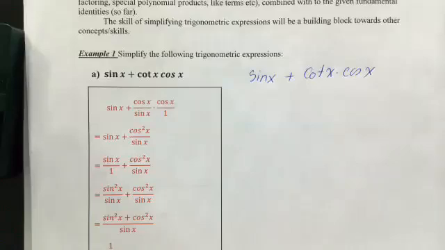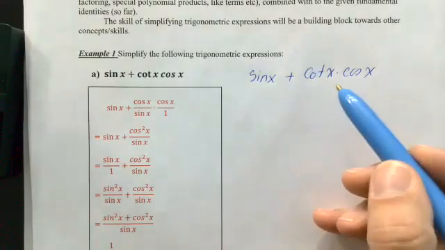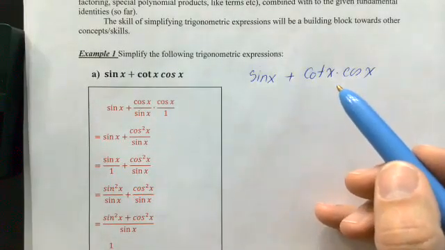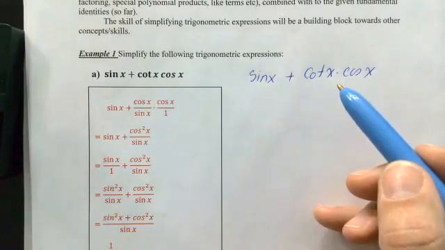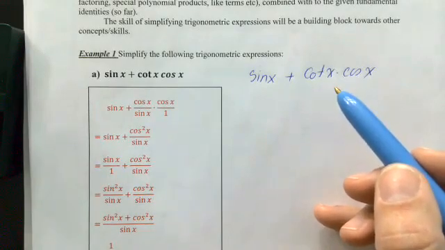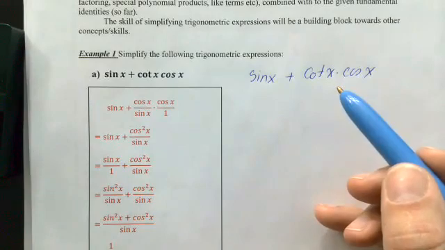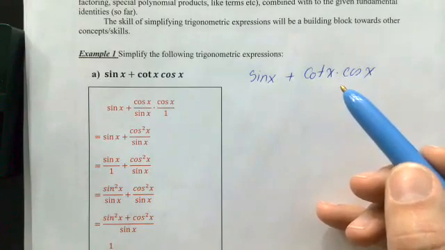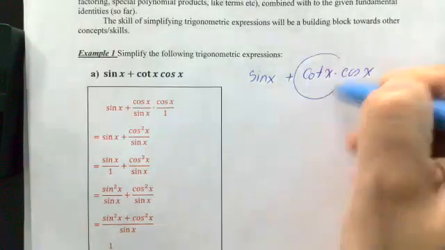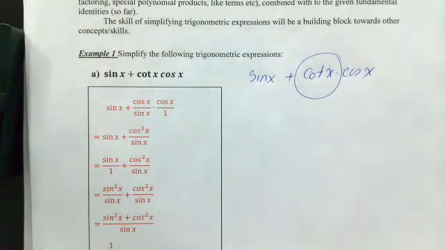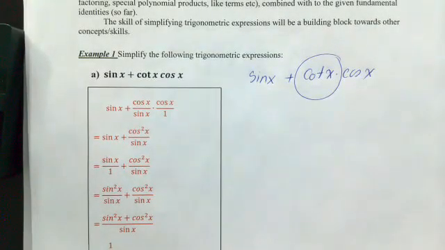Now, normally the rule of thumb is that we always use identities: if I have something that's not a cosine or a sine, like cotangent, tangent, cosecant, secant, change it using identities in terms of sine or cosine. The one that is not a sine or cosine is cotangent of x.